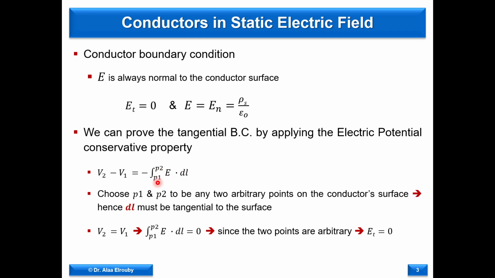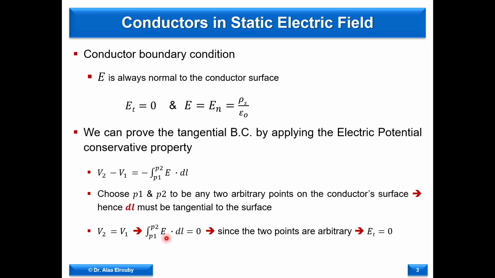Because B2 and B1 are arbitrarily chosen, dL will be in whatever direction, but it will always be on the surface because the two points are on the surface. We know that the conductor is equipotential, so V2 equals V1, and this integration must equal 0.